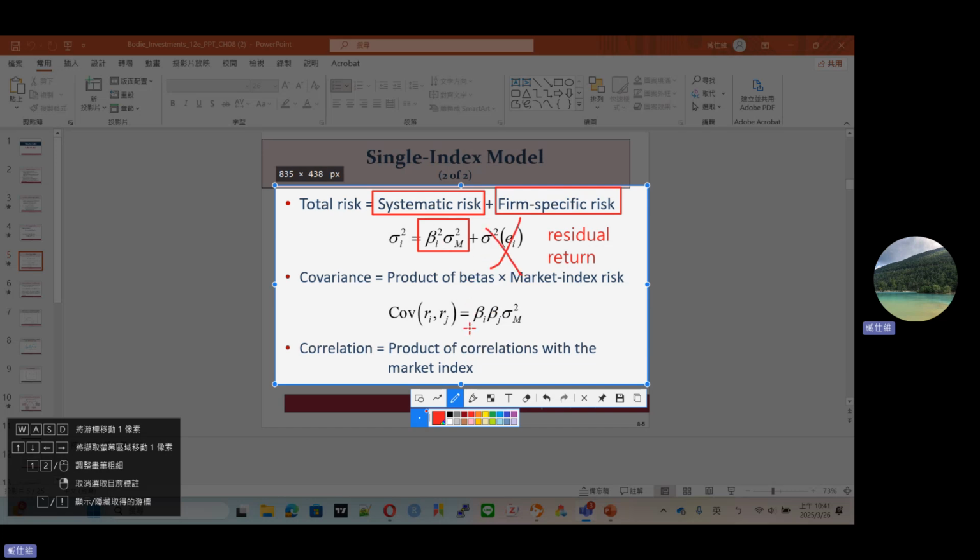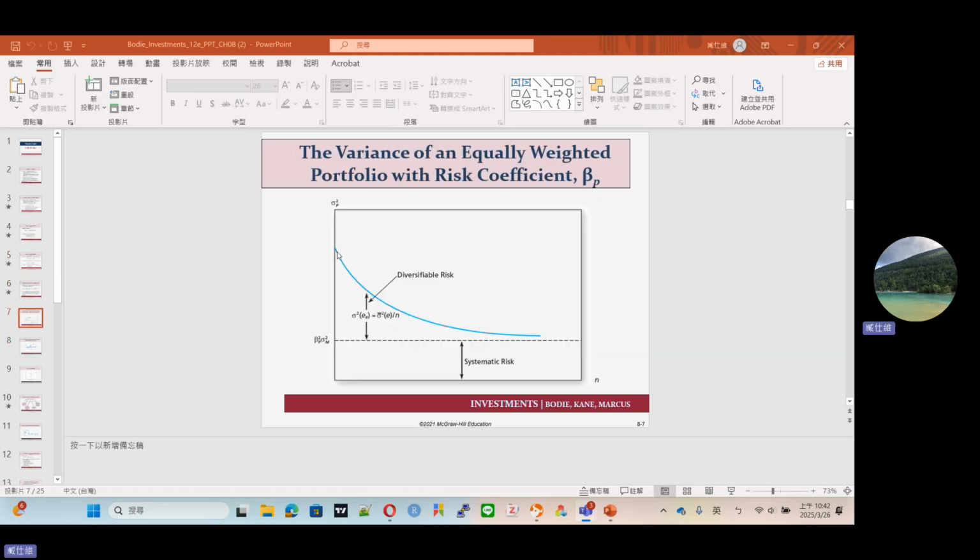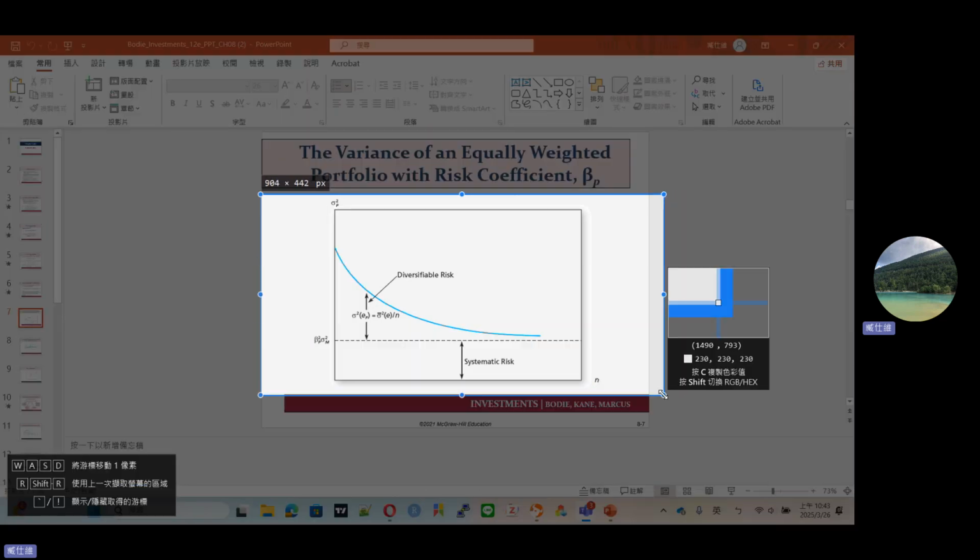As the number of assets in your portfolio increases, the firm-specific risk will cancel out each other, and finally you will see only the systematic risk is left. So we call this the systematic risk.